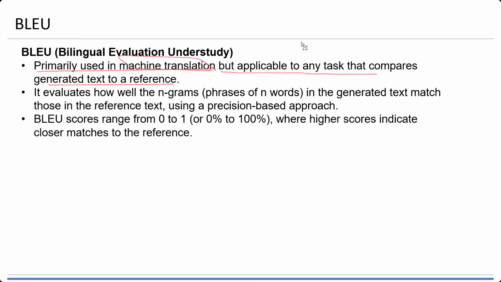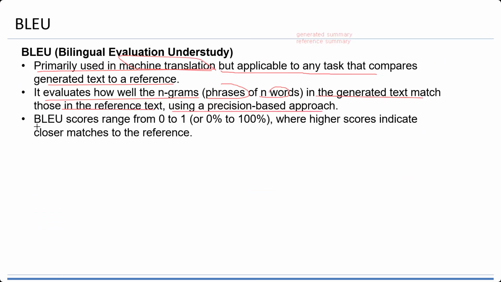So we have the generated summary and we have the reference summary. If we want to compare those two, yeah, we can also use BLEU. It evaluates how well the n-grams, or phrases of n words, in the generated text match those in the reference text using a precision-based approach.